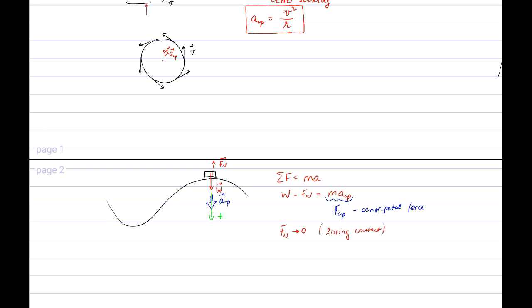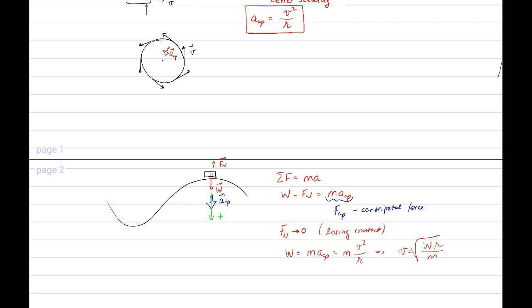So what that means is that we're left with weight equals mass times centripetal acceleration, and the centripetal acceleration is v squared over the radius of the circular path. So that means that v would be the square root of weight times r divided by m.